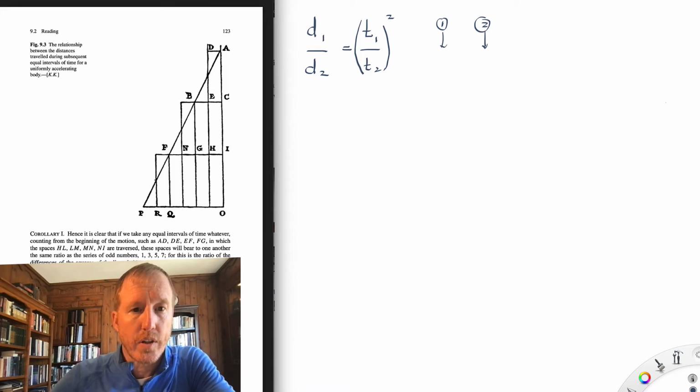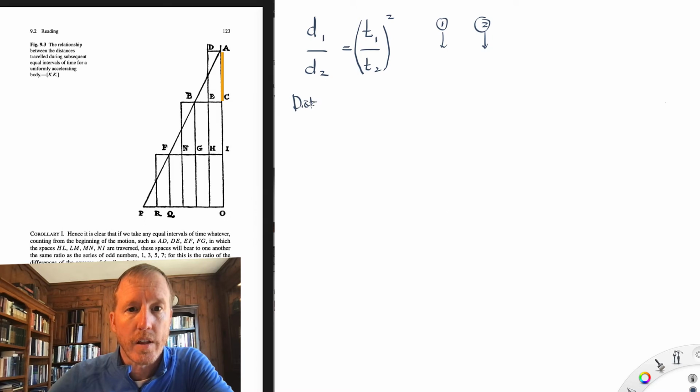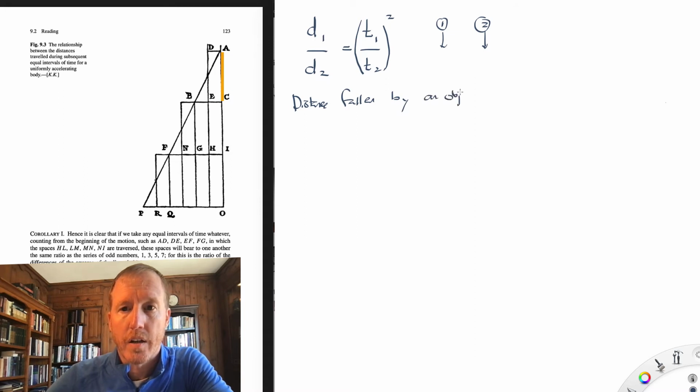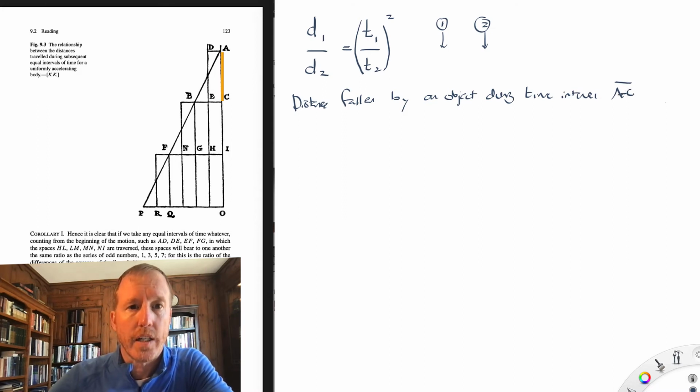He says, first of all, let's consider the distance fallen by an object during the time interval AC. Well, you know how to compute that. The time interval AC starts out at speed 0 and ends with a speed equal to the line segment BC.